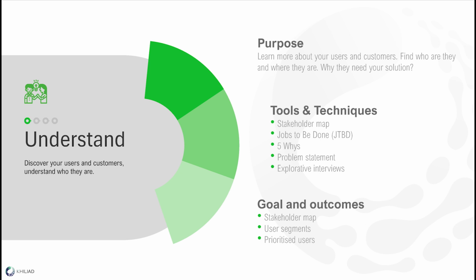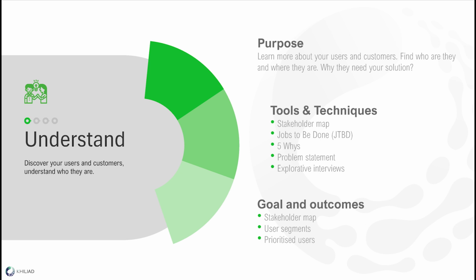Stakeholder maps is where we look at who is in any way involved with the project, with the solution we are looking at. Even remotely, just seeing on a background, watching it, not necessarily using it.